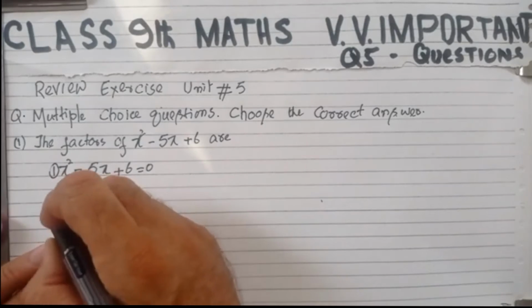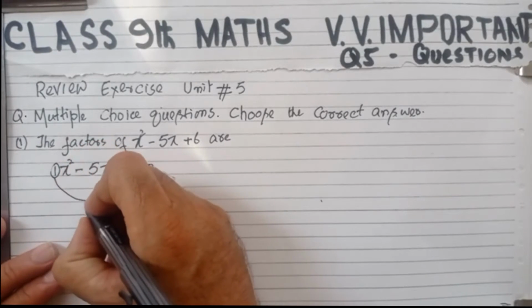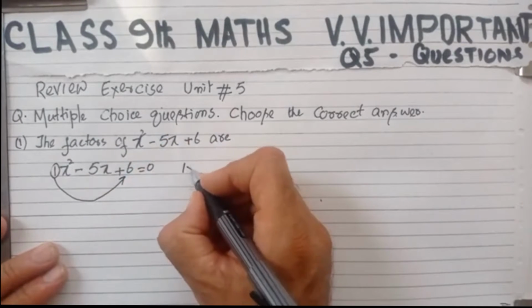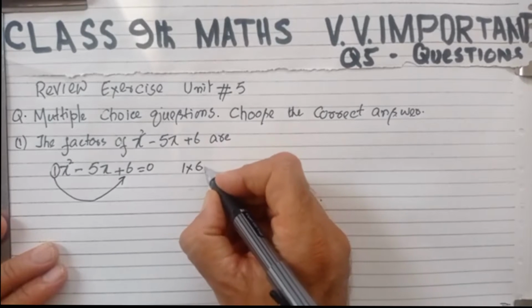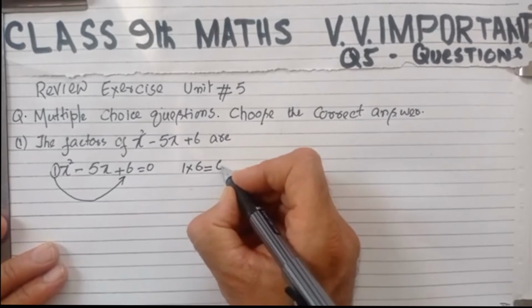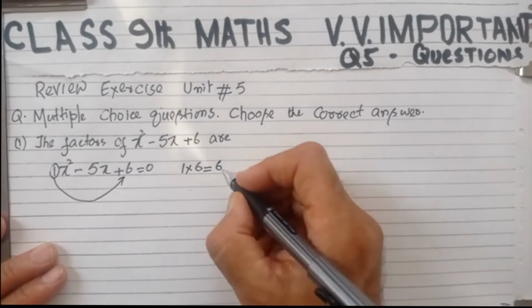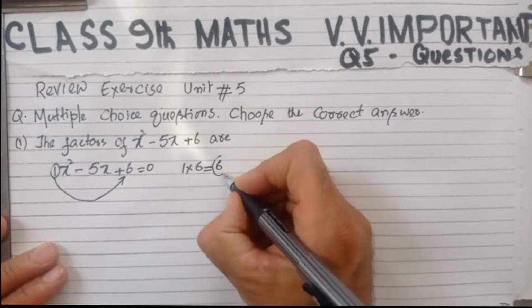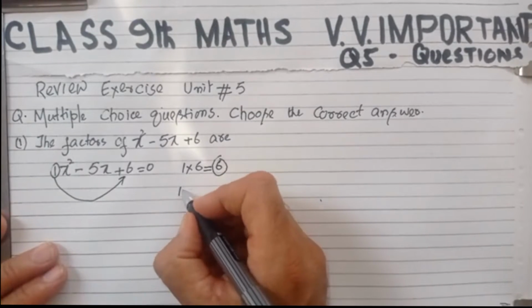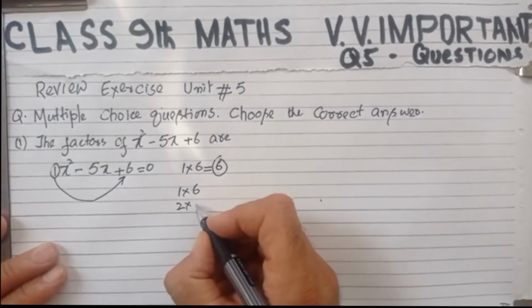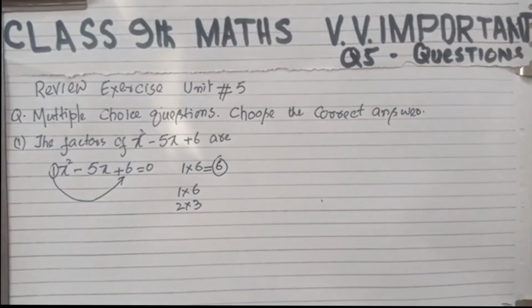So you will multiply this 1 with this 6 and you get 6. Now you will make different factors of this 6. One factor pair is 1 and 6, the second is 2 and 3.